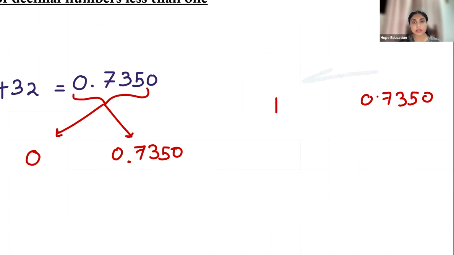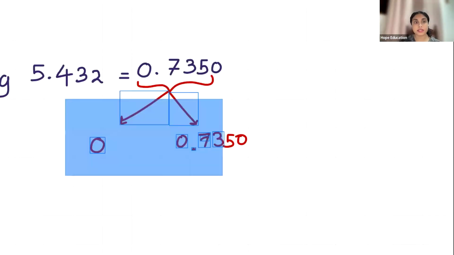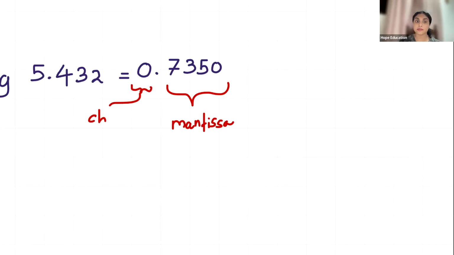Here, this decimal value part we call the mantissa. Mantissa. Whatever we put at the front we call the characteristic.